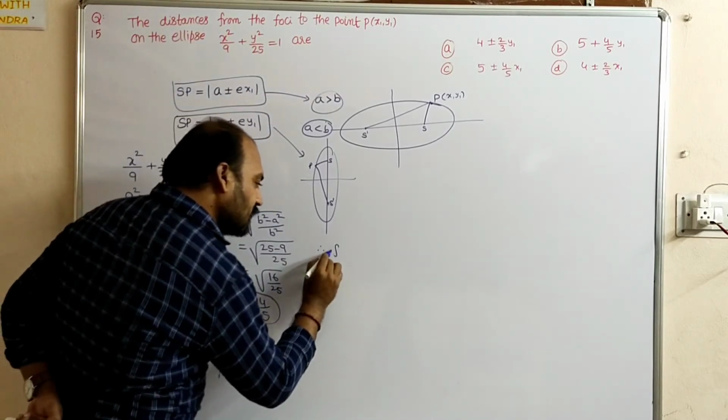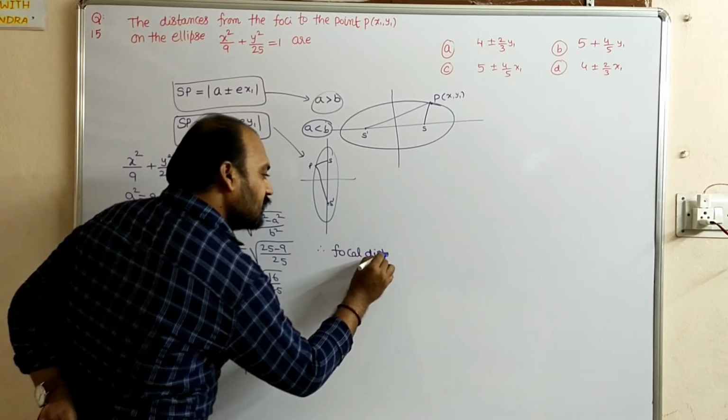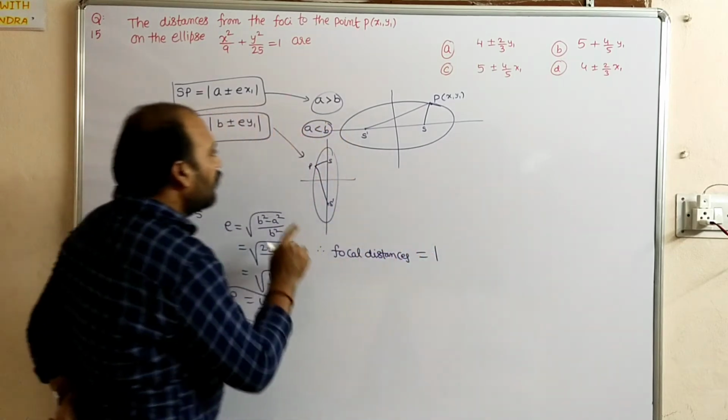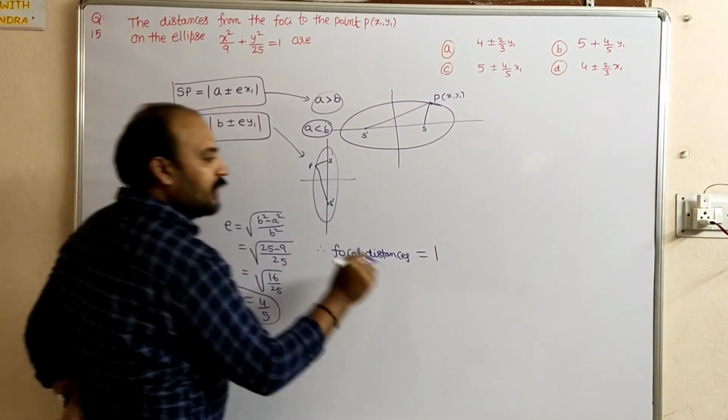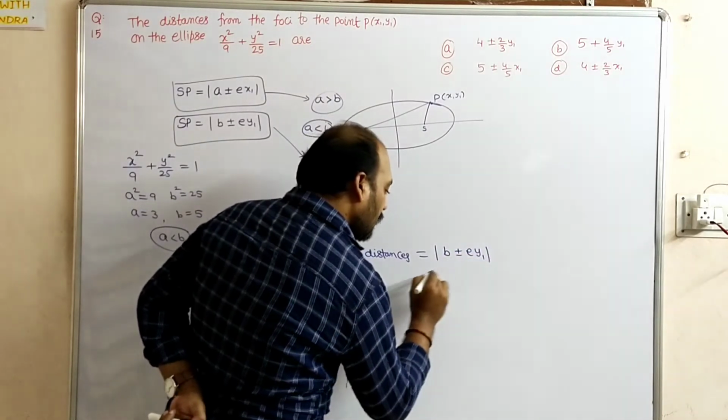After getting the eccentricity, they are asking distances from foci to the point. Therefore, focal distance. Focal distance equals, when A is less than B, the formula is B plus or minus E into Y1.